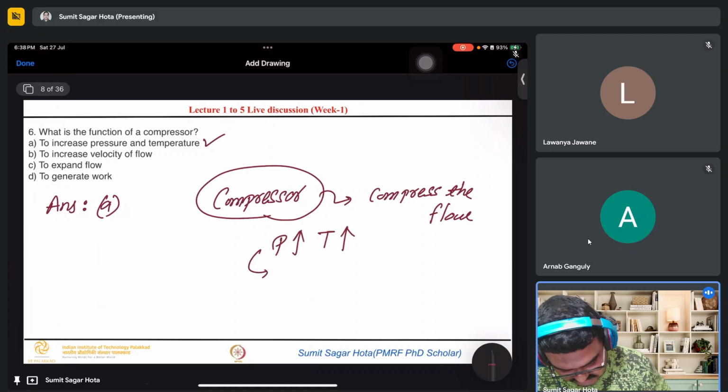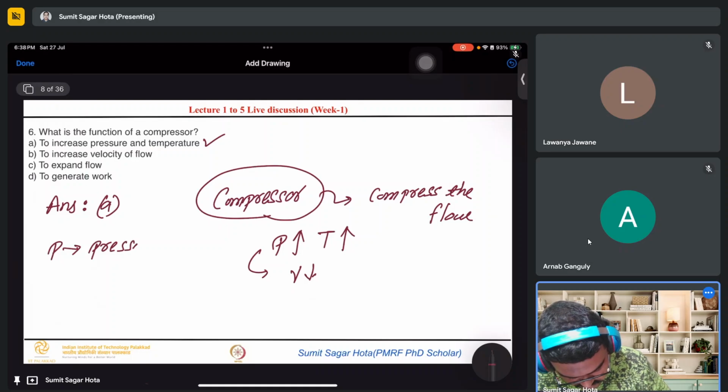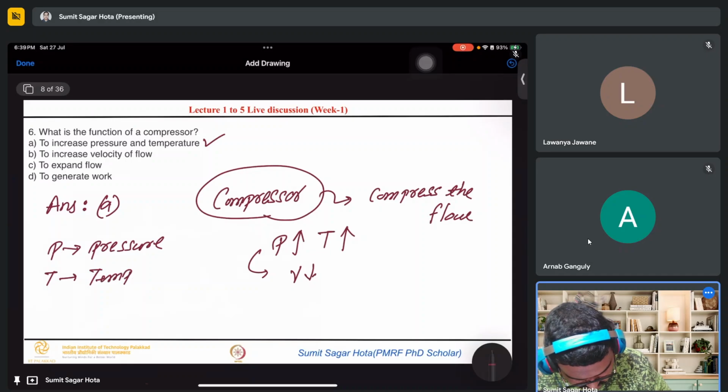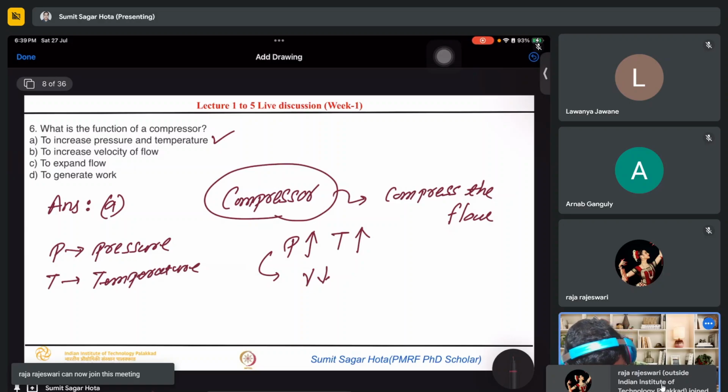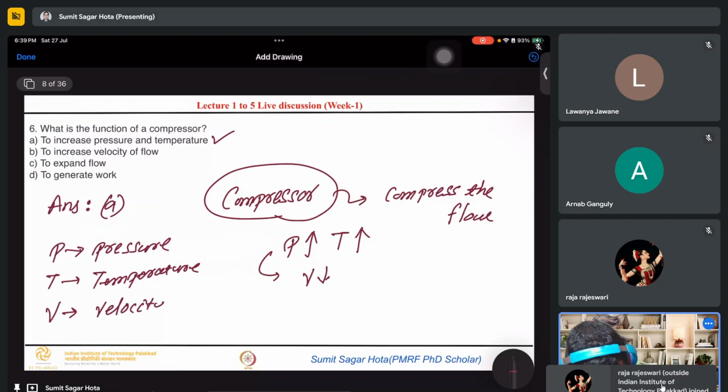So what is the velocity? The velocity will decrease. Okay. So that's the whole case.